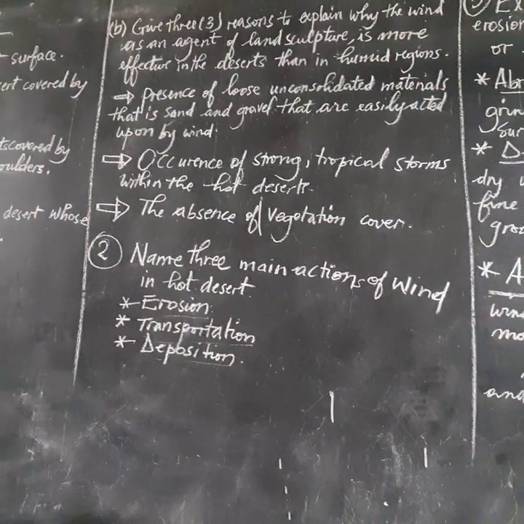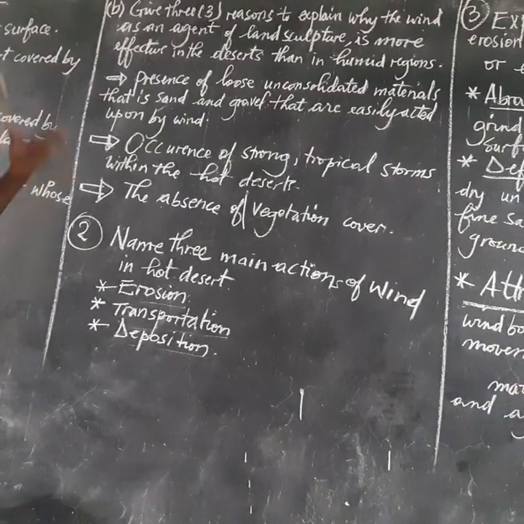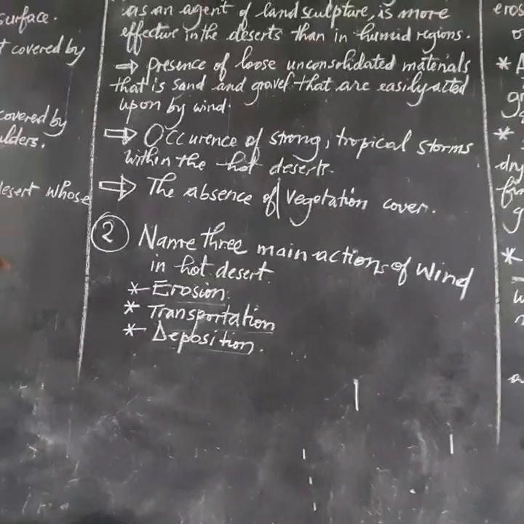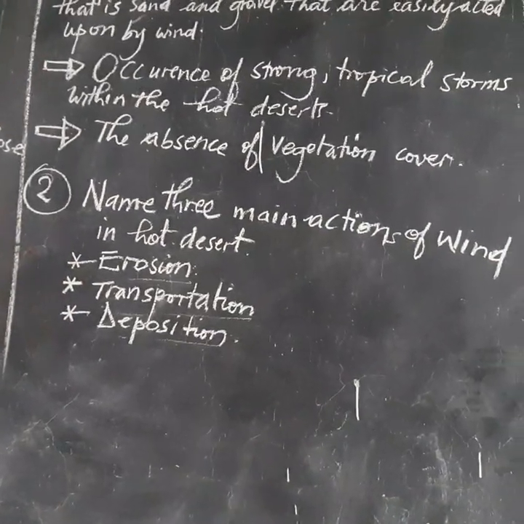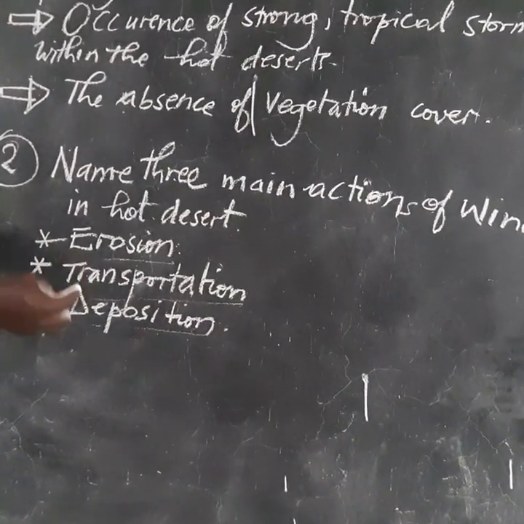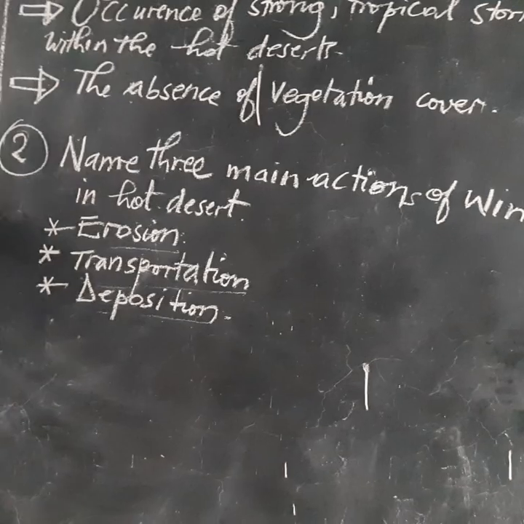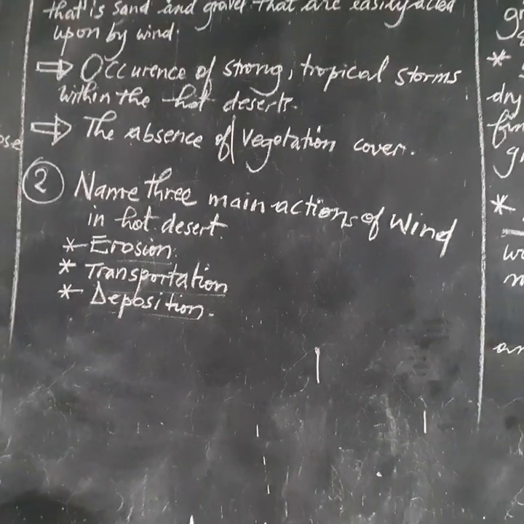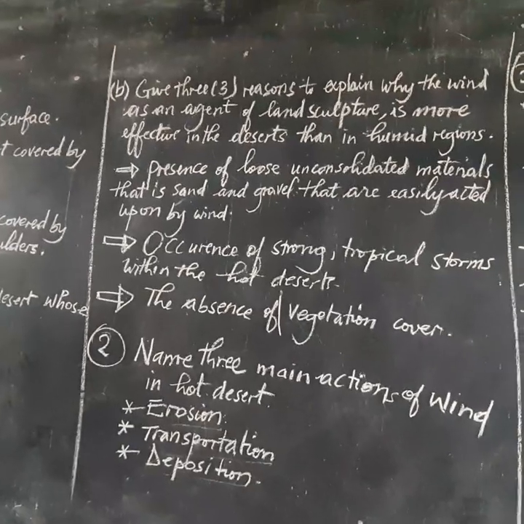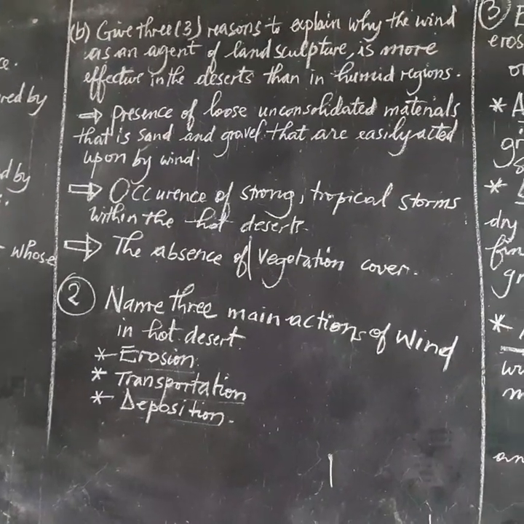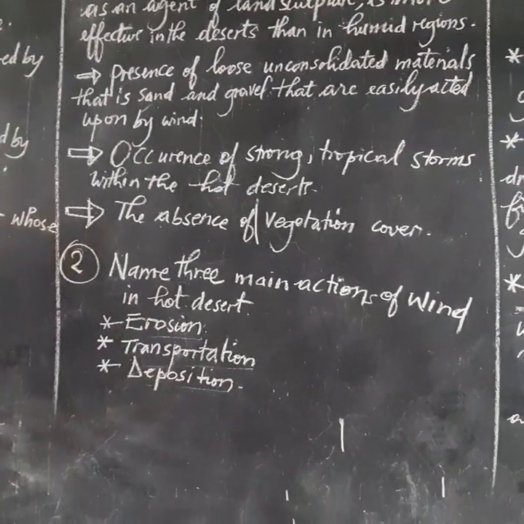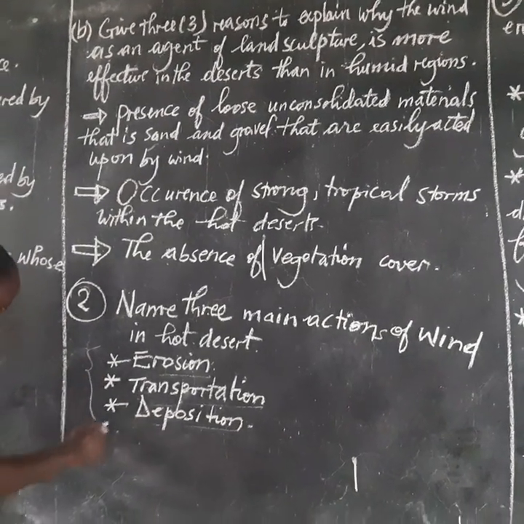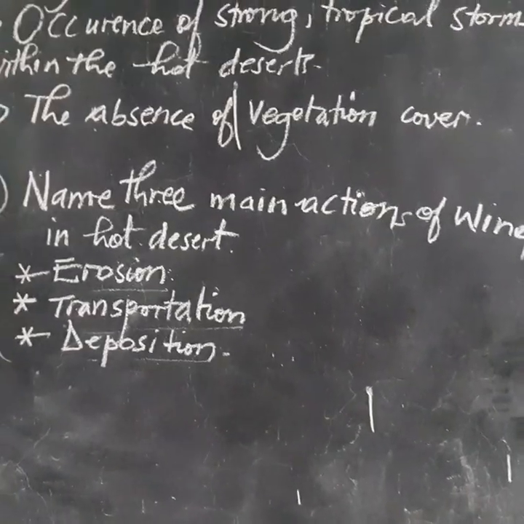When the strength and the speed of wind reduces and becomes too low, it will cause the wind to deposit the materials. So deposition is the third action of wind in desert, where when wind becomes too weak, it will start putting down the materials that it was transporting. Therefore, those are three main actions of wind in desert.